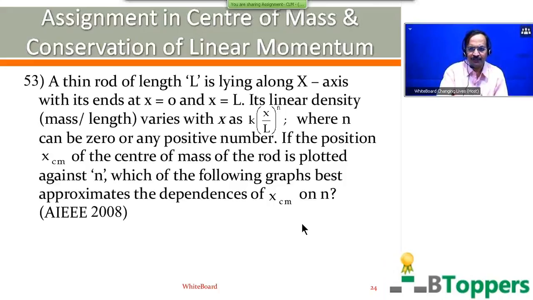I will be showing the 4 graphs now, but before that, first you copy this relation. That is, mass linear density varies with the distance x from one of the ends as k into (x by L) power n. Copy this relation first. Next, I am going to show the 4 options.